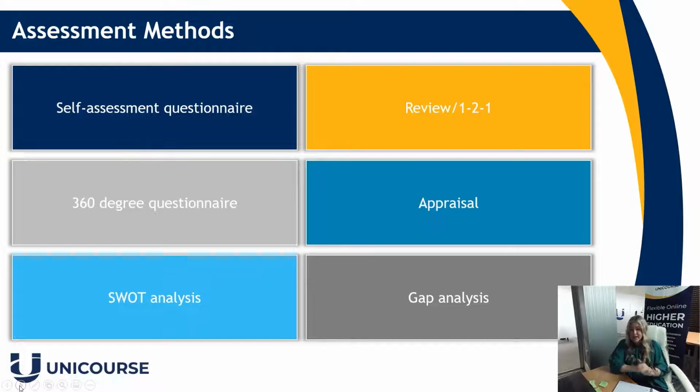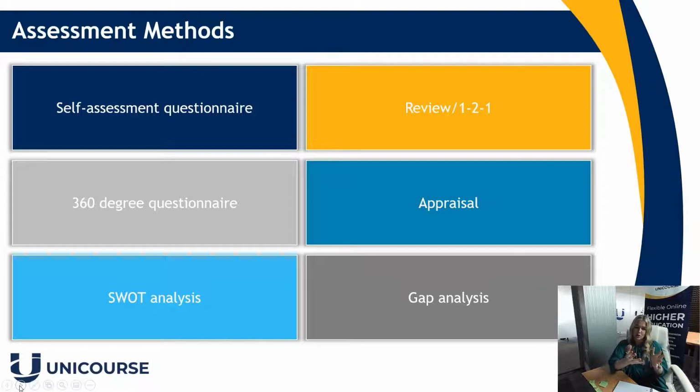The 360-degree questionnaire is a template that's actually on Moodle, and it's a great thing to use. You can get it completed by your manager, the subordinates, the people that you're leading. You can get it completed by a colleague, and it will give you a full rounded view on yourself basically.